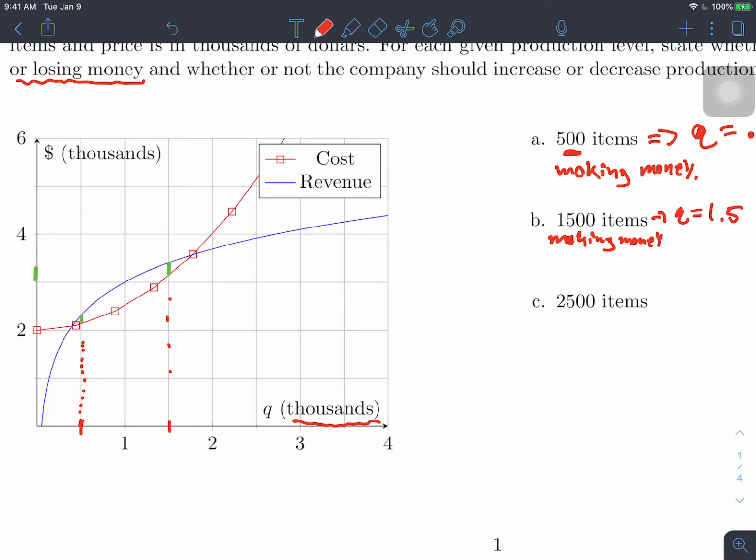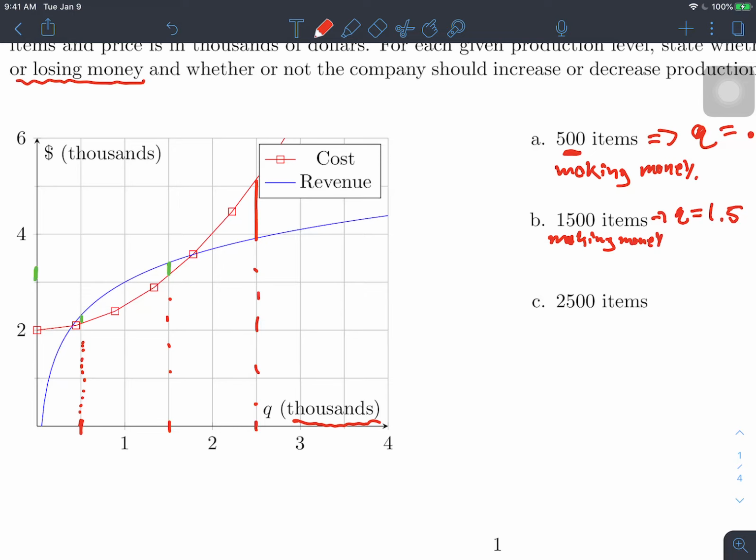All right, now 2,500 items. Okay, we'll go right here. We look up. Now it seems like our cost function is much higher than our revenue function. That means that we're losing money. Our cost to produce that many items is very high. The amount of money that we can make from selling them is relatively low.